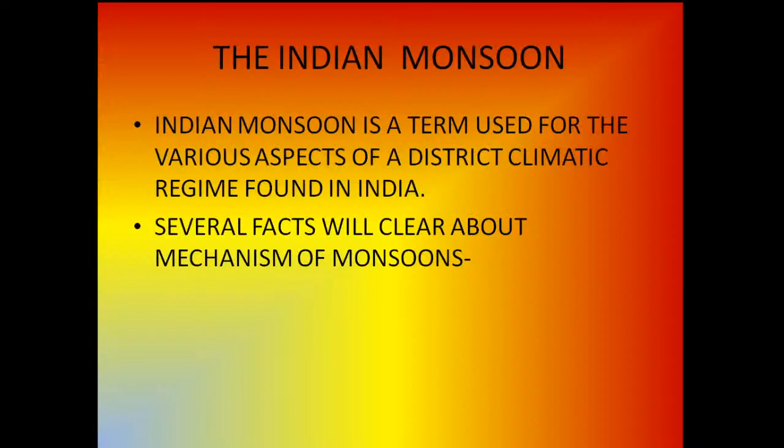Now, if I talk about the Indian monsoon, the Indian monsoon is a term used for the various aspects of a distinct climatic regime that is found in India. Several facts will clear up the mechanism of monsoons.